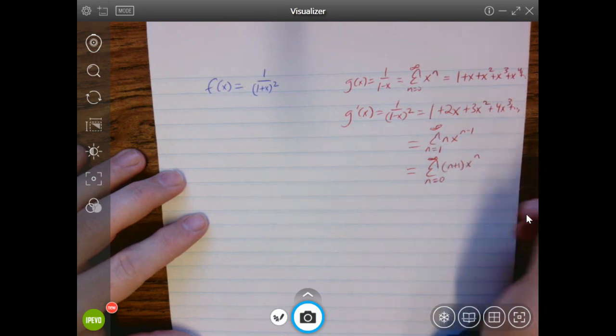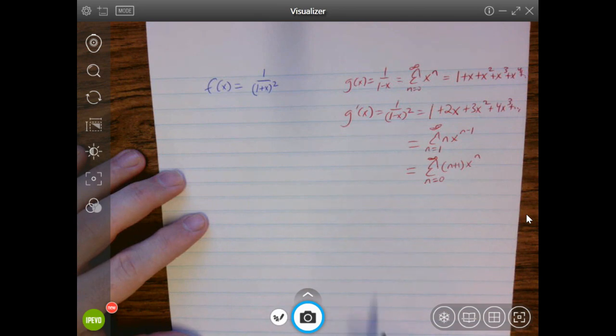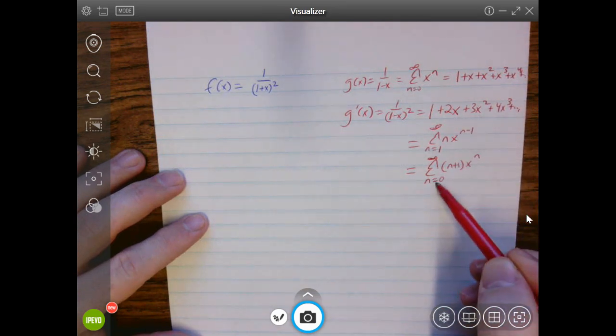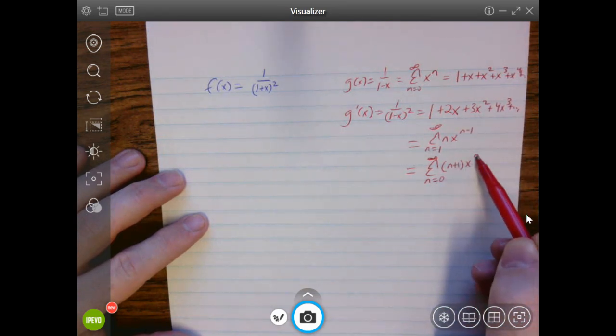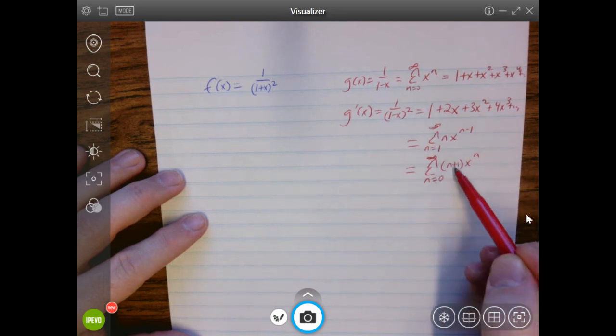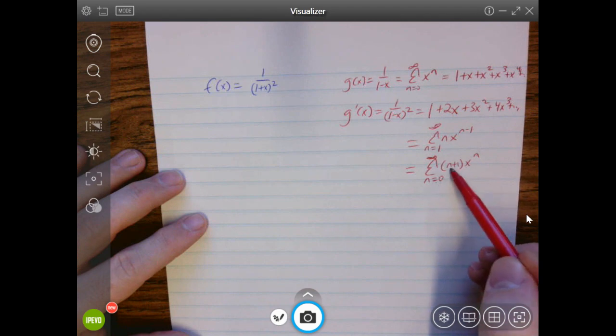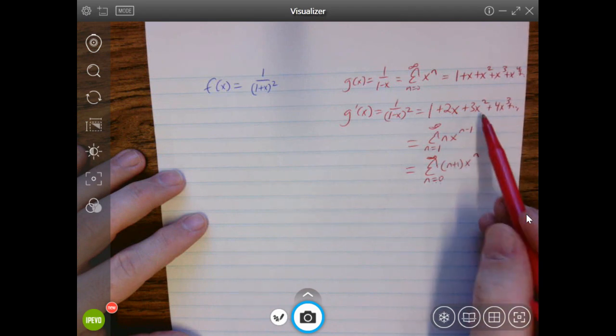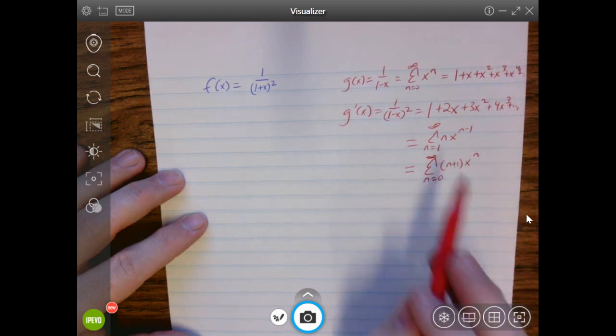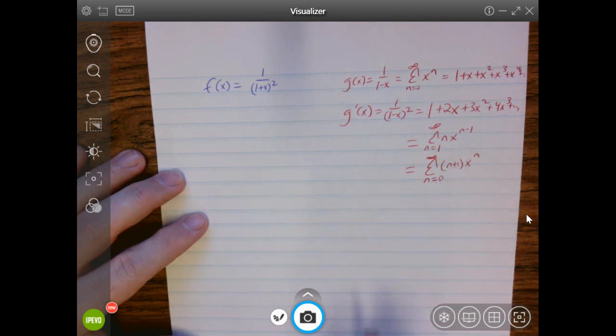And then this would become x to the n. And it's easy to check if you just check the first couple of terms. If n is 0, this is 1, x to the 0, so 1. If n is 1, this is 2, x to the 1, 2x. If n is 2, this is 3, x to the second, which is here, etc., and both of them will work. So that's just manipulation.